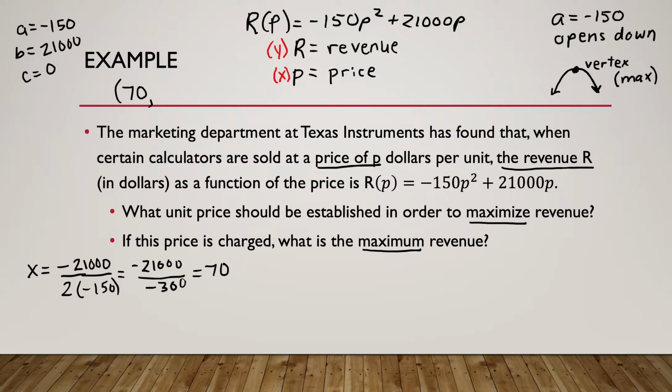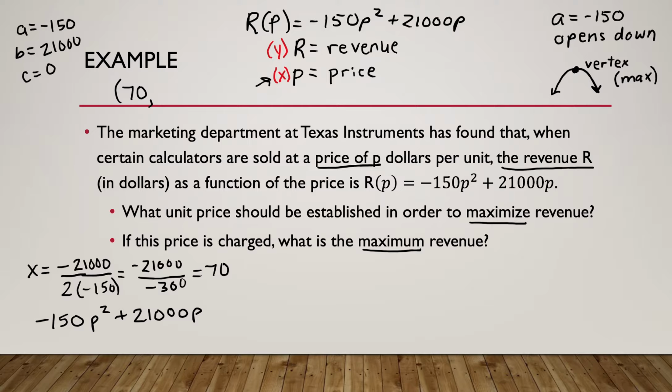Now, how do we find the y value? Remember that we take our function and we plug our 70 in. Now, keeping in mind that, remember that we've already made a note up here that p and x are the same thing.